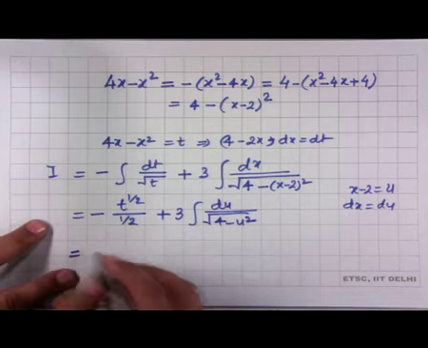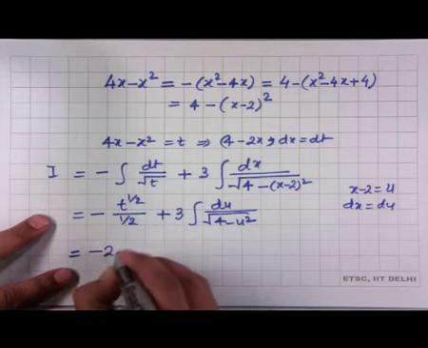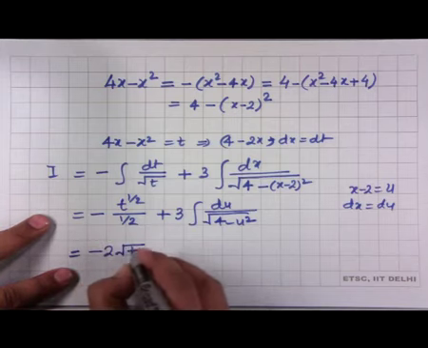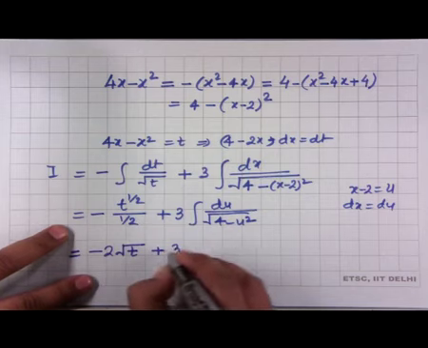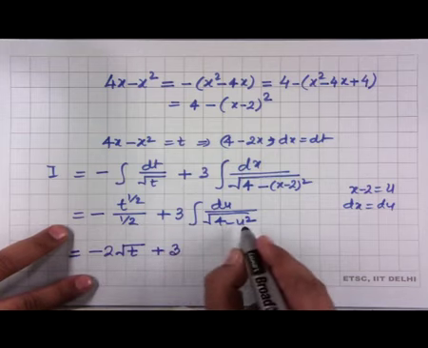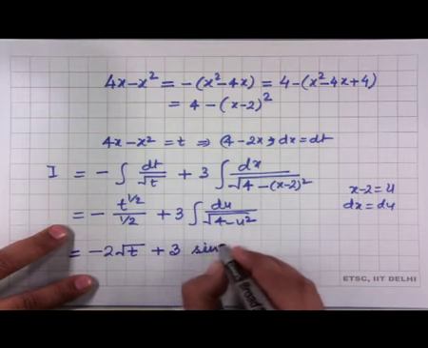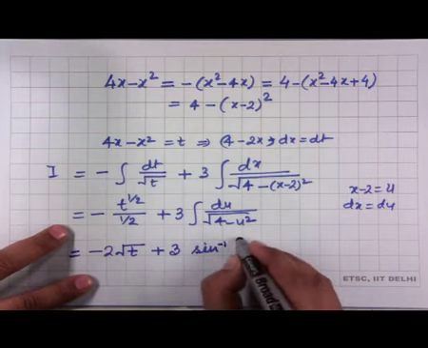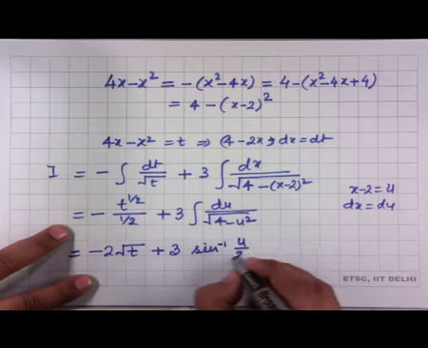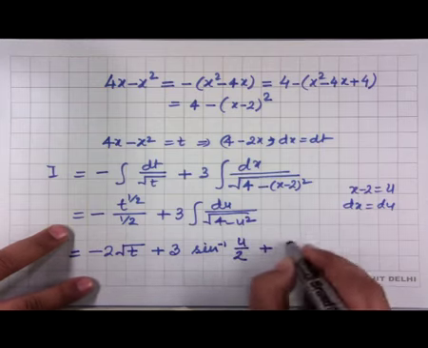So, ultimately this turns out to be minus 2 square root of t plus 3 times sin inverse of u by a, so u by 2, plus constant.